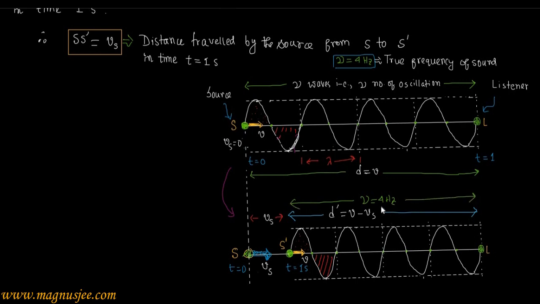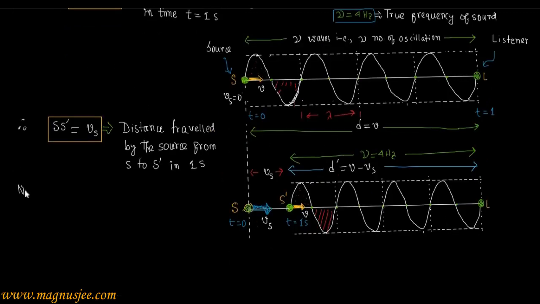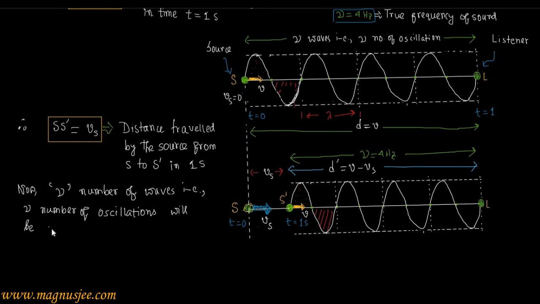That means 4 oscillations are contained within the distance d prime is equal to v minus vs. Now, the new number of waves will be contained within the distance d prime is equal to v minus vs. Therefore, S prime L is equal to d prime, which is equal to v minus vs.